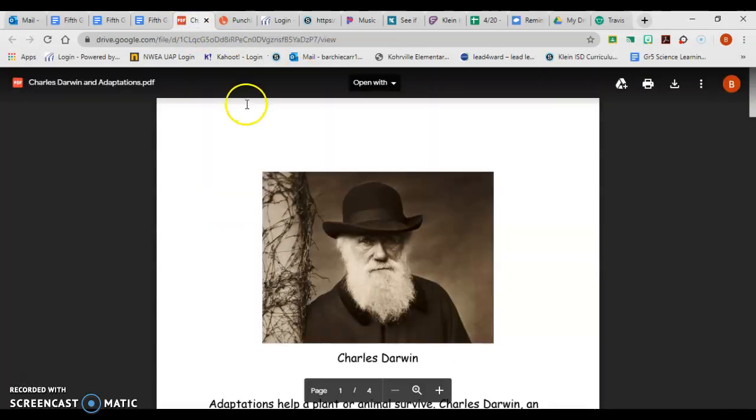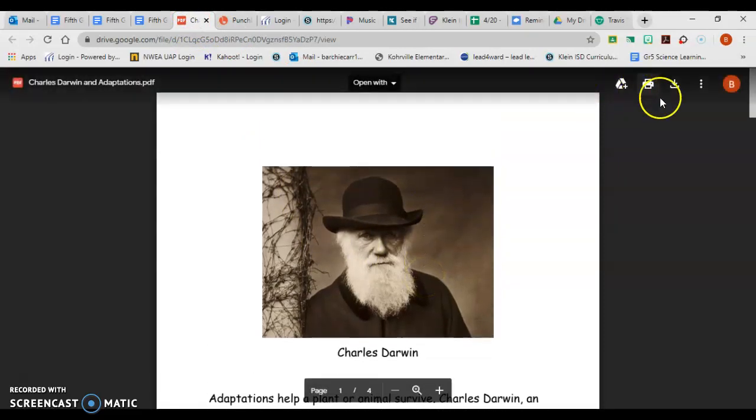So here you're going to open it up, and you can leave it right here and read it from this page. You can download it and read it from that page, although it's going to look the same as this. Or if you really wanted to take it one step further, you could print it. You don't have to. It's not necessary at all.